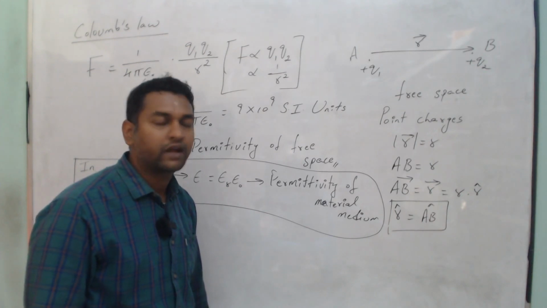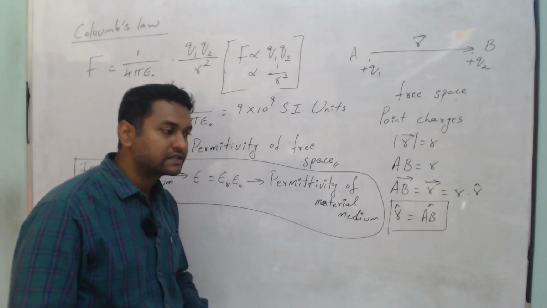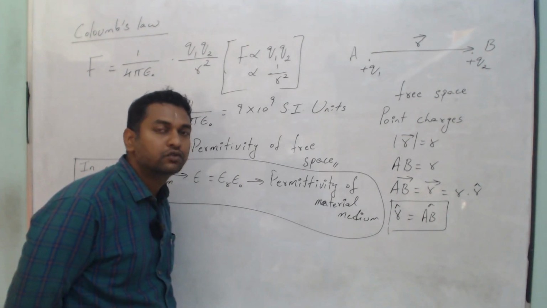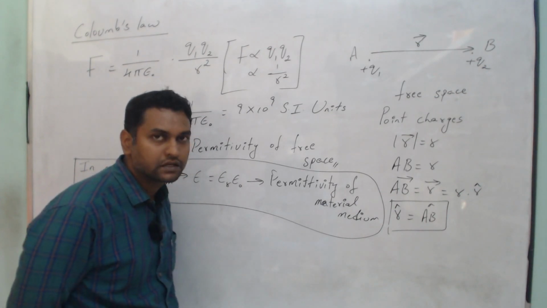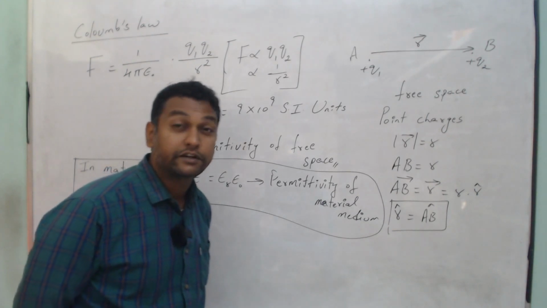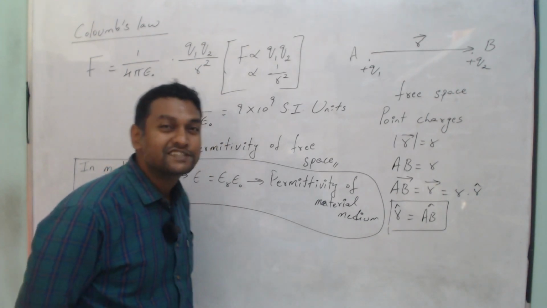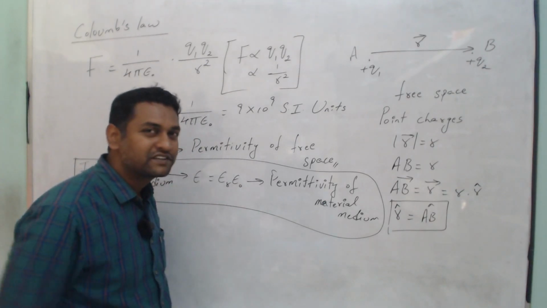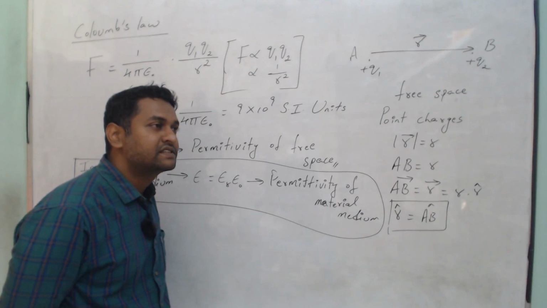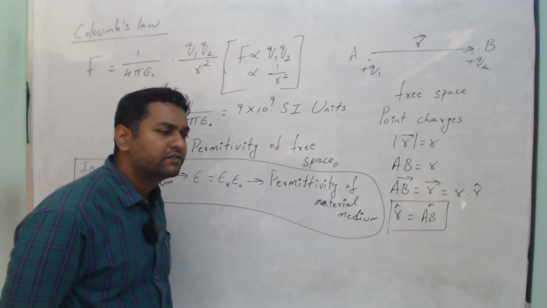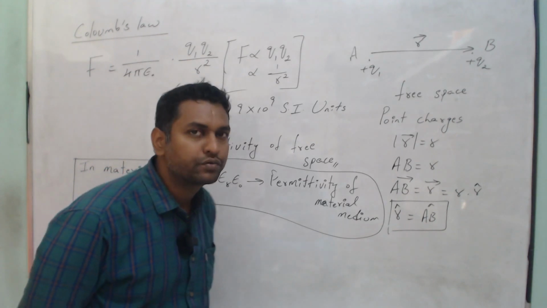Understanding means, see, literally, if you ask me what is the gravitational constant, you've been looking at that capital G since your ninth class, 10th class. Do you know what capital G is? Literally, no. Physically, you just have an idea of what it is. That's why I'm saying, understanding what permittivity or permeability is, leave it for some chapters to go by.